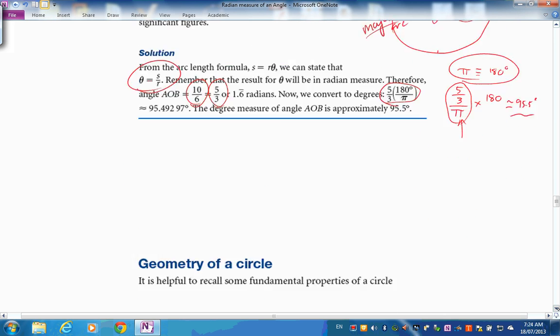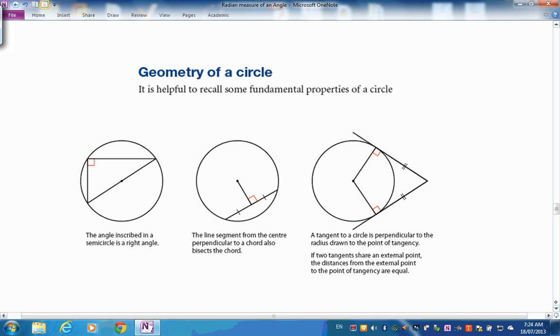Okay, come on down. We'll just revise some geometry of circles and things, because quite clearly now, radian measure means you're going to measure arc lengths and radii and come at it from that point of view. So let's have a look at some things that might be helpful. First of all, the angle inscribed in a semicircle is a right angle.